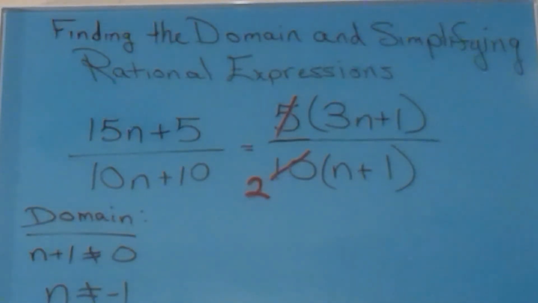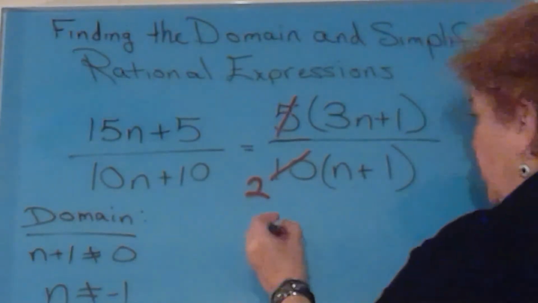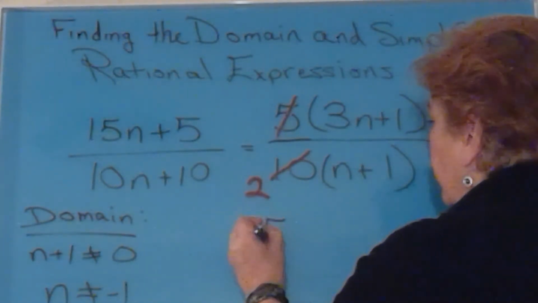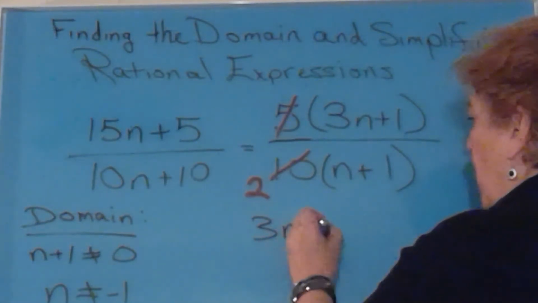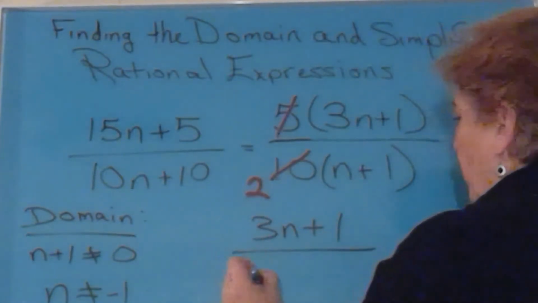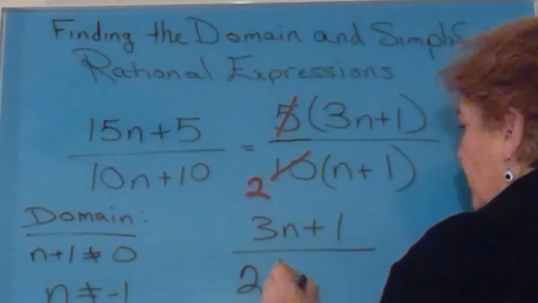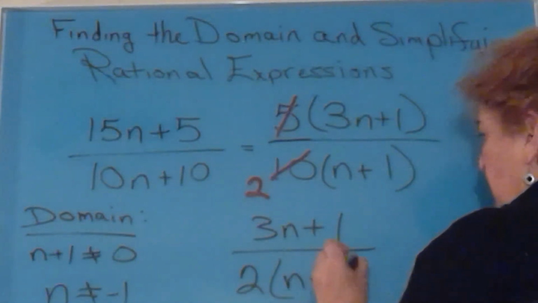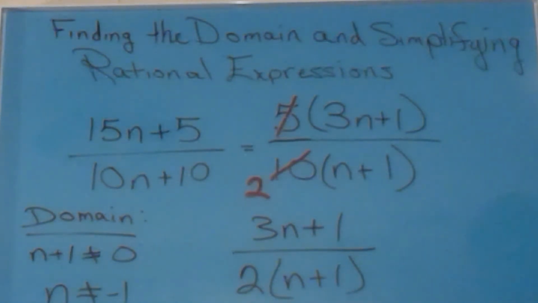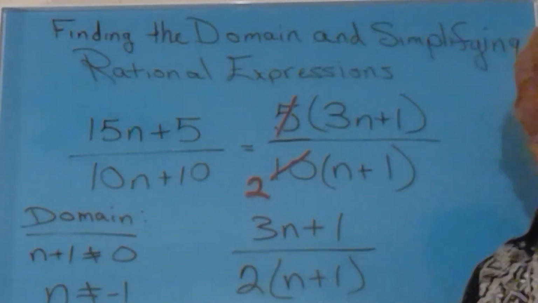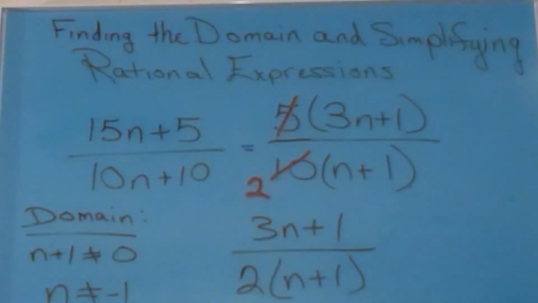So in this case, my simplified expression is 3n plus 1 over 2 times n plus 1. You can leave it like that, or if you wanted to, you could make that 2n plus 2. But often we end up leaving them in factored form.